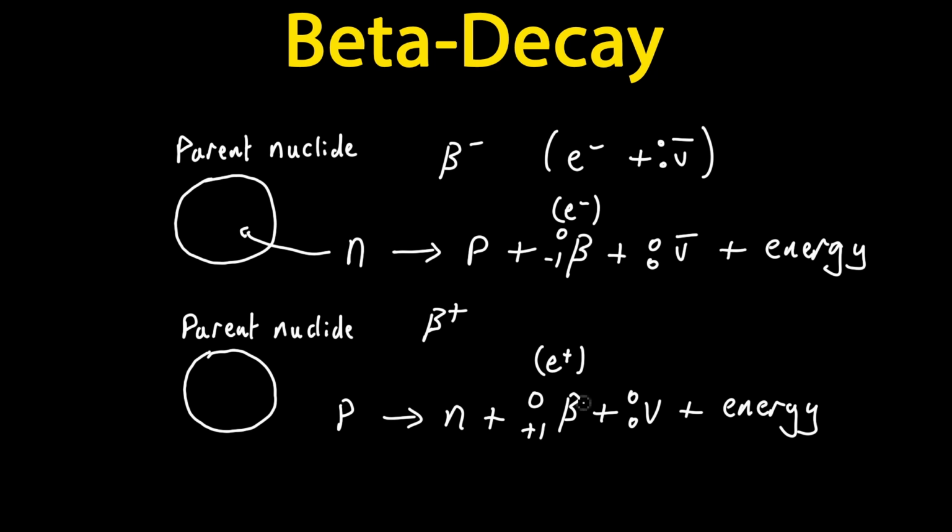Now, quite often, this positron, when it gets ejected from the parent nucleus, very quickly comes into contact with an electron. A positron coming into contact with an electron will cause them both to annihilate, and this will release gamma radiation.